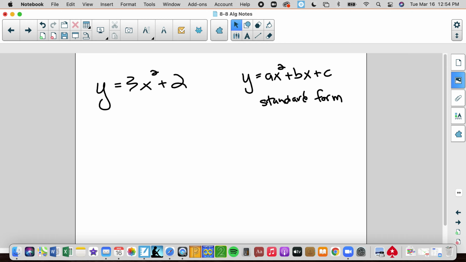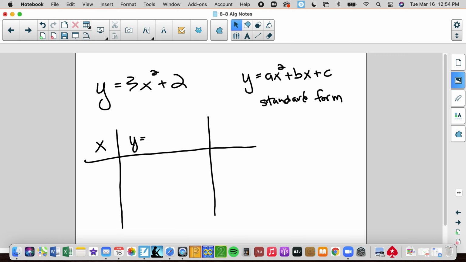If we graph this, there's no shortcut at the moment. That's what we're going to be teaching today. So we would revert back to our T chart and plug in some values, find multiple points, and then graph it.